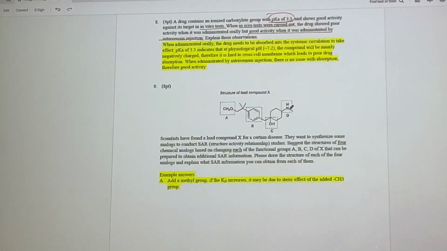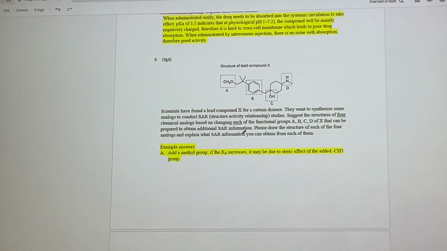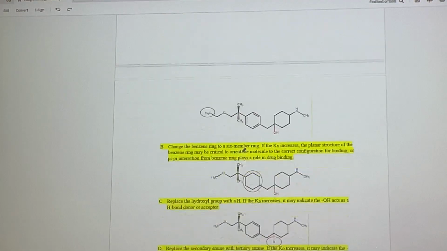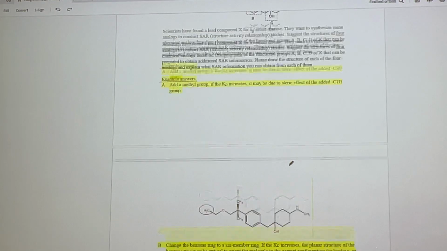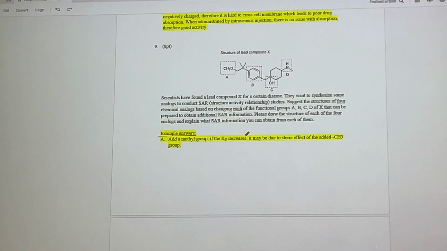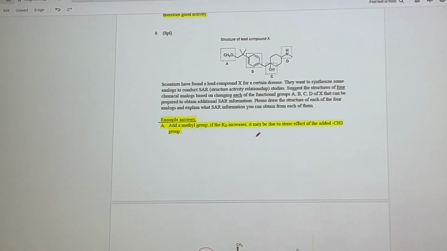So the next question asks you to do some SAR rationale for this molecule. The answers are not fixed, so as long as you give a reasonable example, that's fine. I just listed several examples I thought about when I looked at this question. For example, if you add a methyl group here and the KD increases, that means you have a worse drug, right?